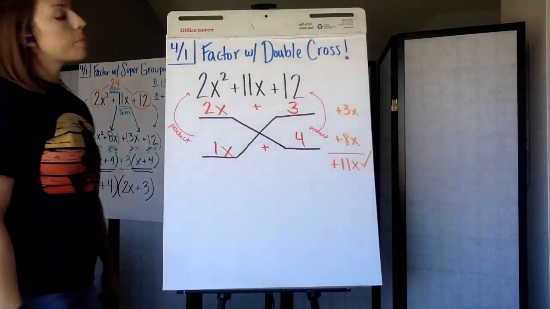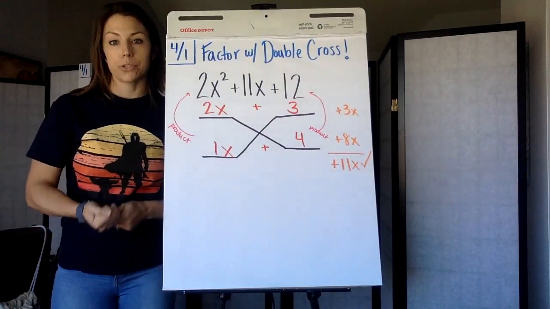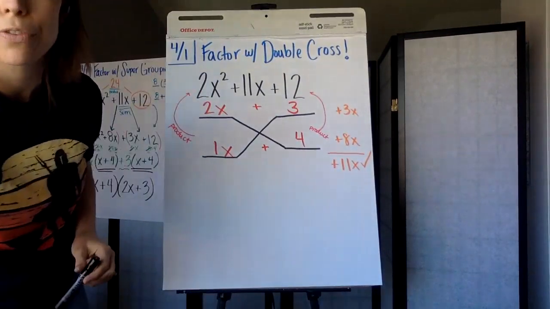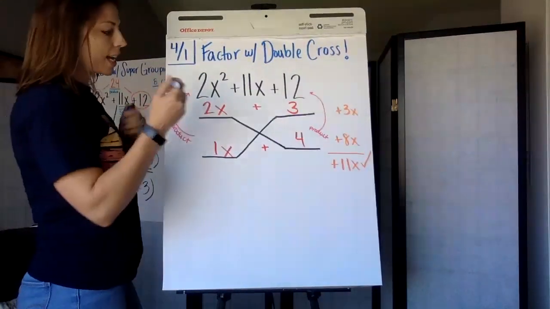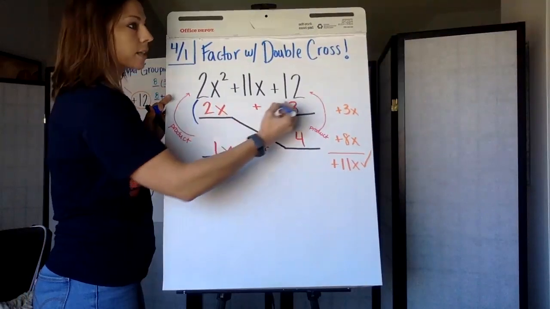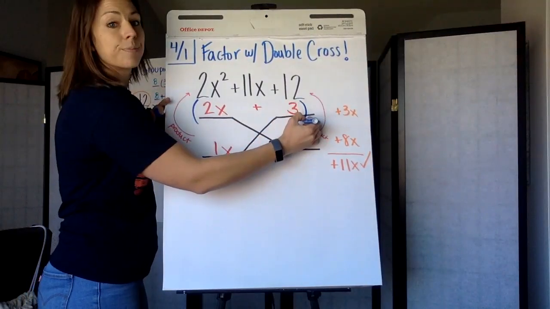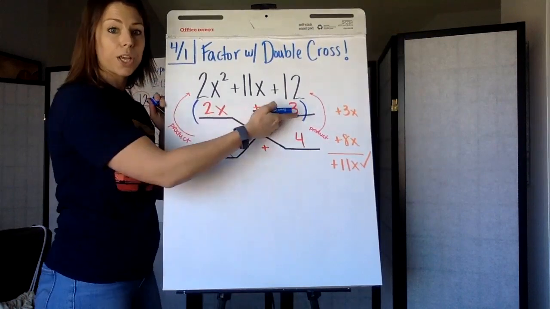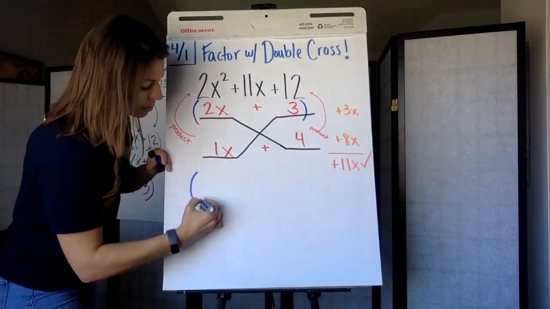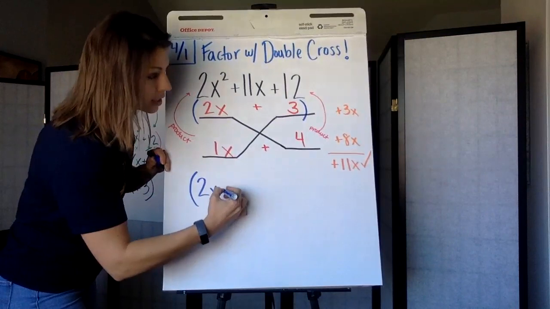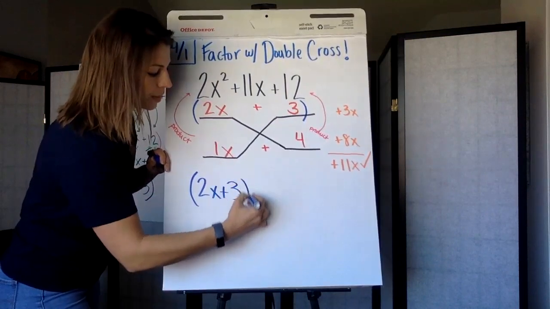So why did we do all of that? Well, you may not see it, but you just found your 2 binomials. Your first binomial is 2x plus 3. See where I got that from? Just by looking across here. So my first binomial is 2x plus 3.